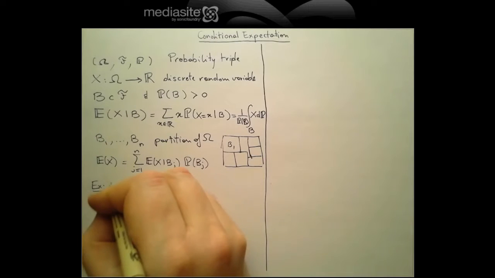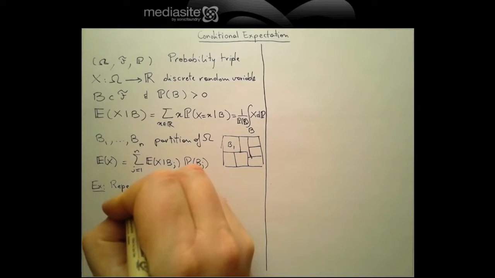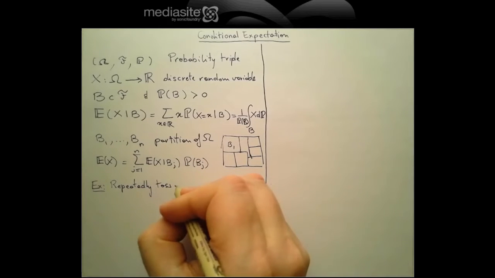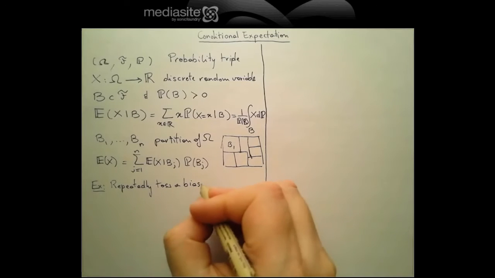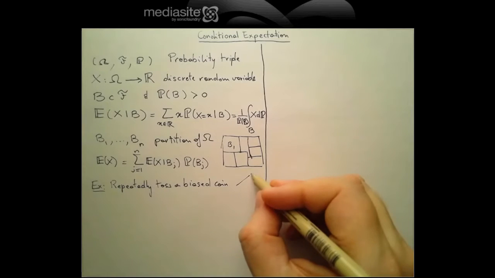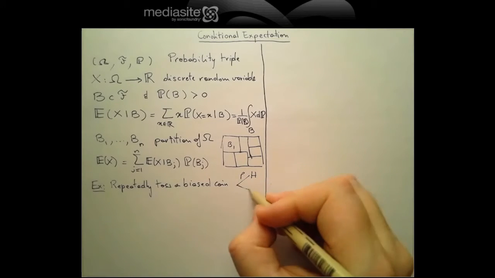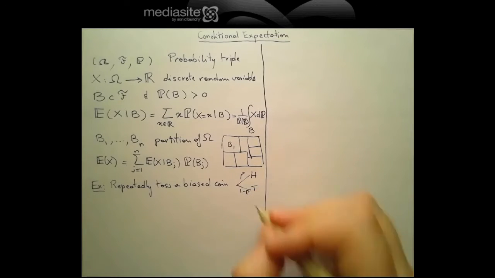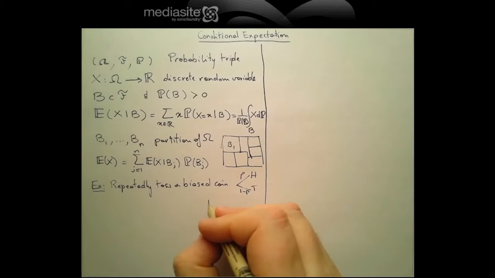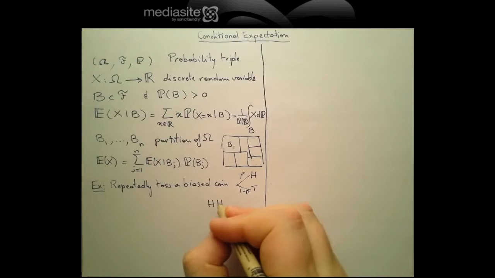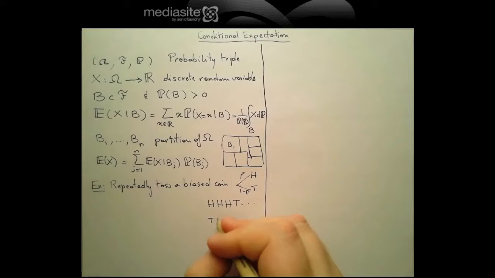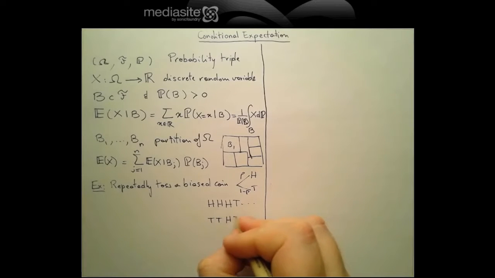Let's say that you repeatedly toss a coin, say a biased coin, and this coin has a certain probability p of heads and 1 minus p of being tails. So the typical event will look like this: heads, heads, tails, etc., or tails, tails, heads, and tails, etc. Right?